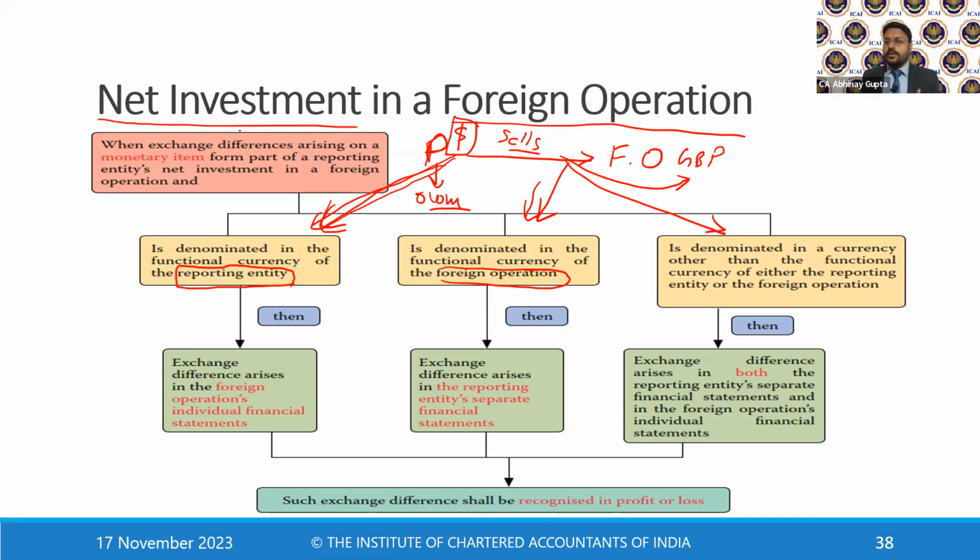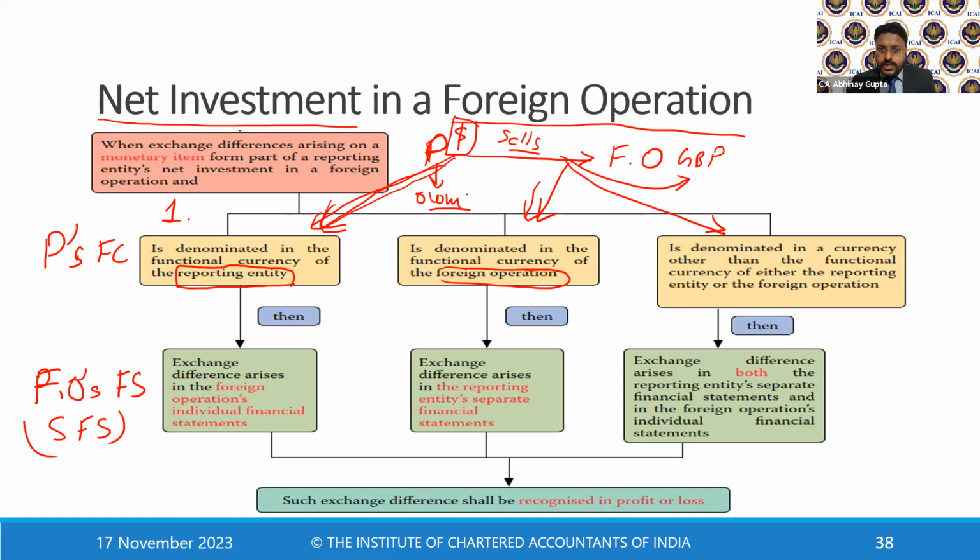Hence there would be forex exchange gain or loss in the financial statements of the foreign operation. So in scenario 1, when the transaction is happening in the parent's functional currency, the forex exchange gain or loss will be reflected in the foreign operation's standalone financial statements, the SFS.